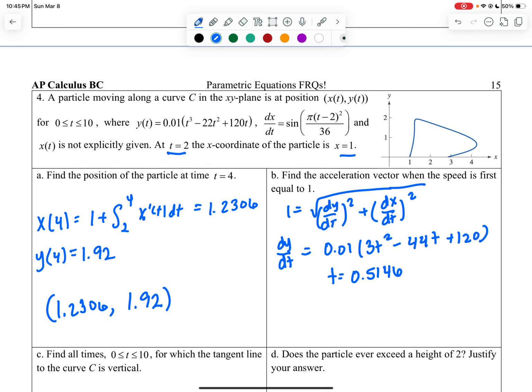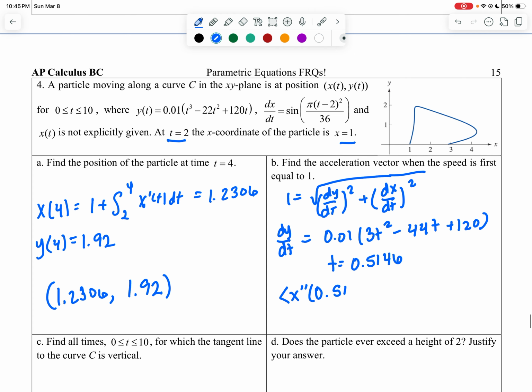Unfortunately, we're not done because it's talking about the acceleration vector. So now what we need to do here is find x double prime of 0.5146, and then y double prime of 0.5146.